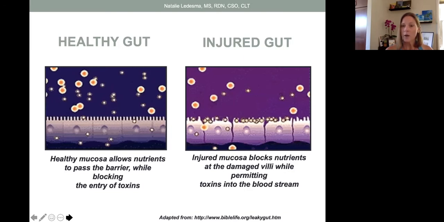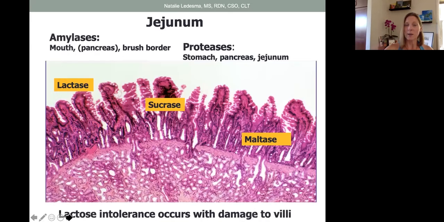On the right, we have an injured gut, where the injured mucosa blocks the nutrients, increasing the potential of malnutrition, and yet the toxins are able to penetrate into the bloodstream, and that could create anything from digestive distress to cognitive fog to fatigue to a variety of other ailments. So we want to hopefully help maintain a healthy gut. And if you have an injured gut, that's exactly why we're here, to help repair and rehabilitate the gut, to help improve your digestive system and microbiome.